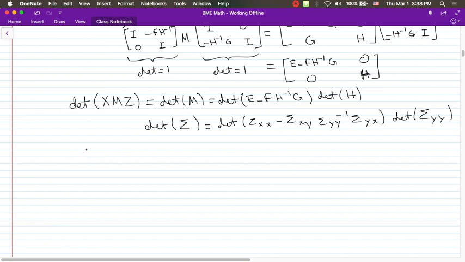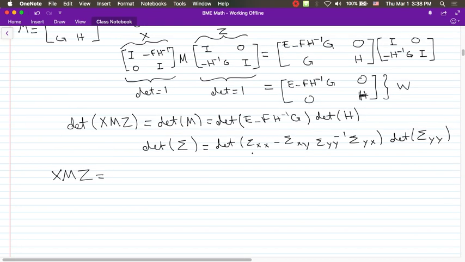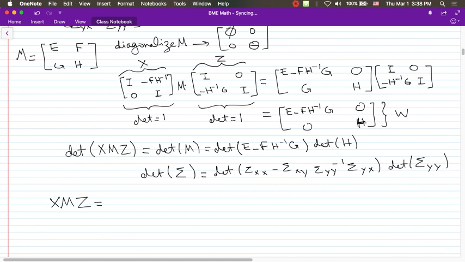So, okay. We have this guy. We have X times M times Z. That's equal to something. Here it is. Let's call this matrix W. So look, when I multiply X times M times Z, I get this diagonal matrix. I'm going to call that W. Well, what's the inverse of this guy?